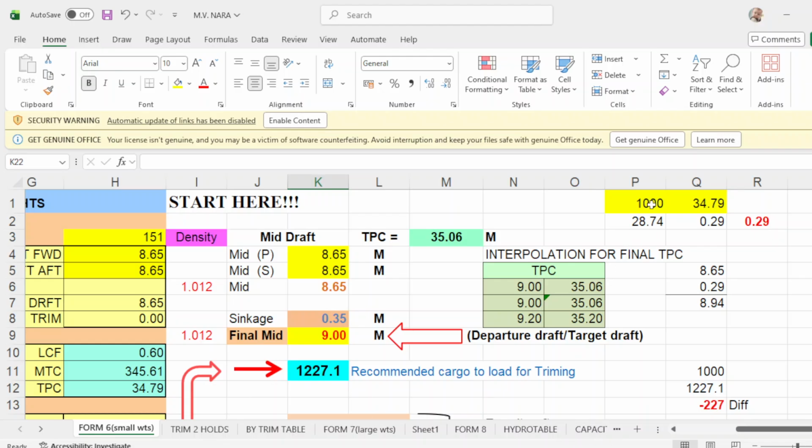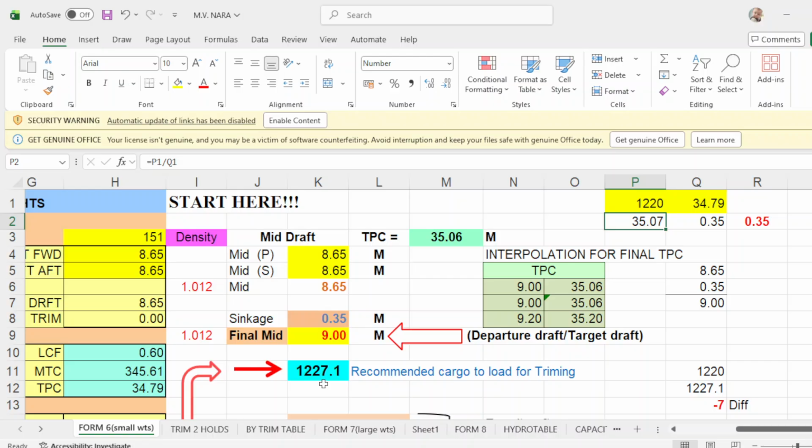Now let's say this is another way of getting this figure of 9 meters. So with your 1,000, you put this 1,000. Let's say we'll take it 1,000 to 1,220. Okay.